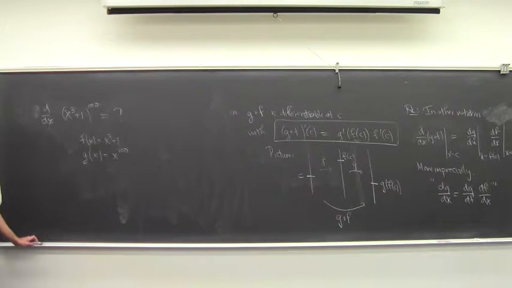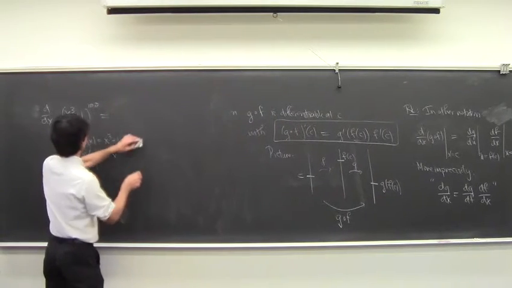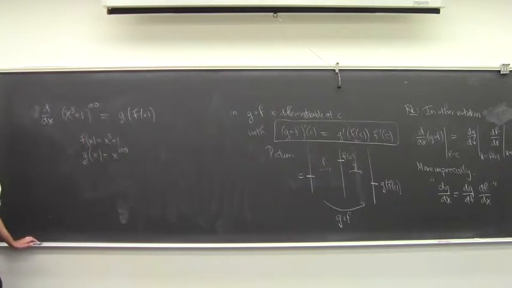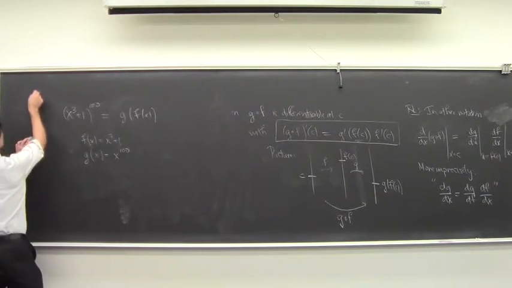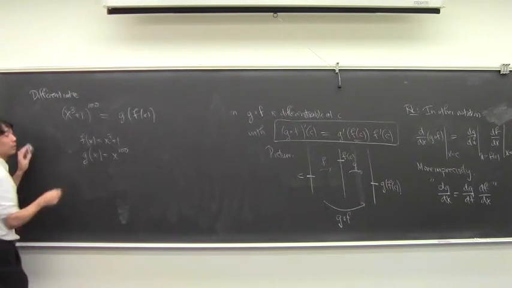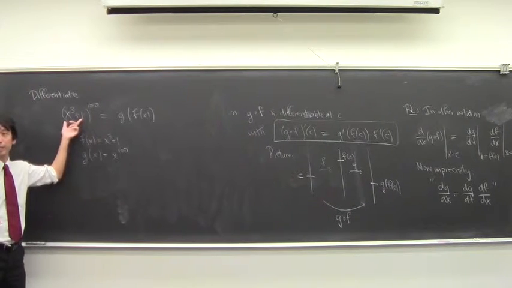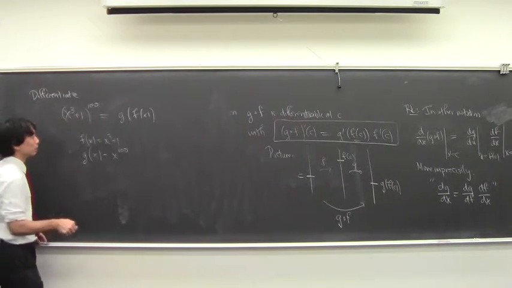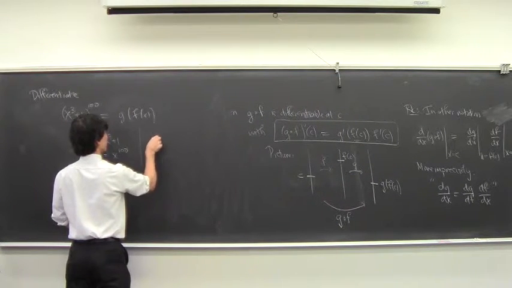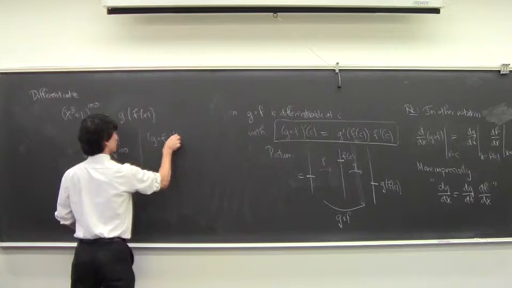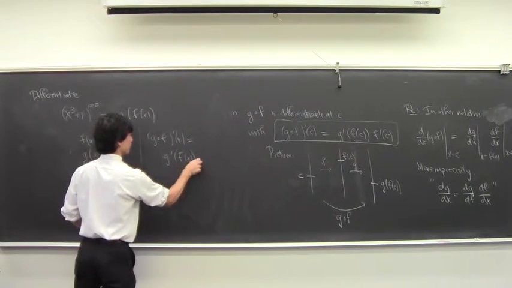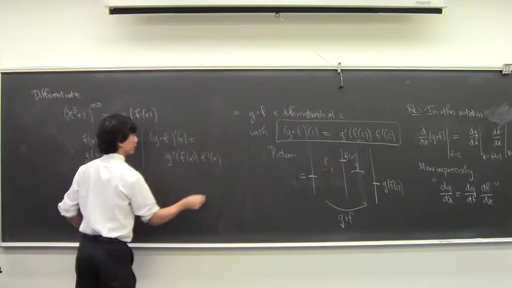And you recognize that this is g of f of x. And so the derivative is going to be g prime evaluated at f of x times f prime evaluated at x.